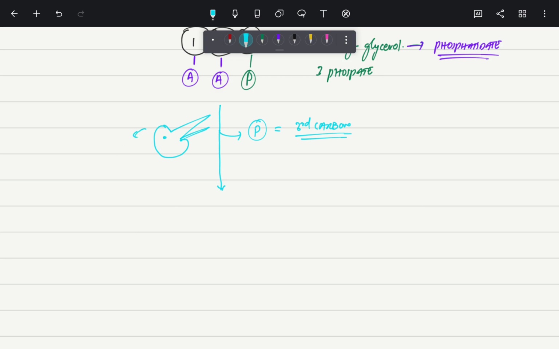The enzyme name is very simple. It is phosphatidate phosphatase. Okay, phosphatidate phosphatase, or PAP, is going to remove the phosphate on the third carbon of 1,2-diacylglycerol 3-phosphate, or phosphatidate.